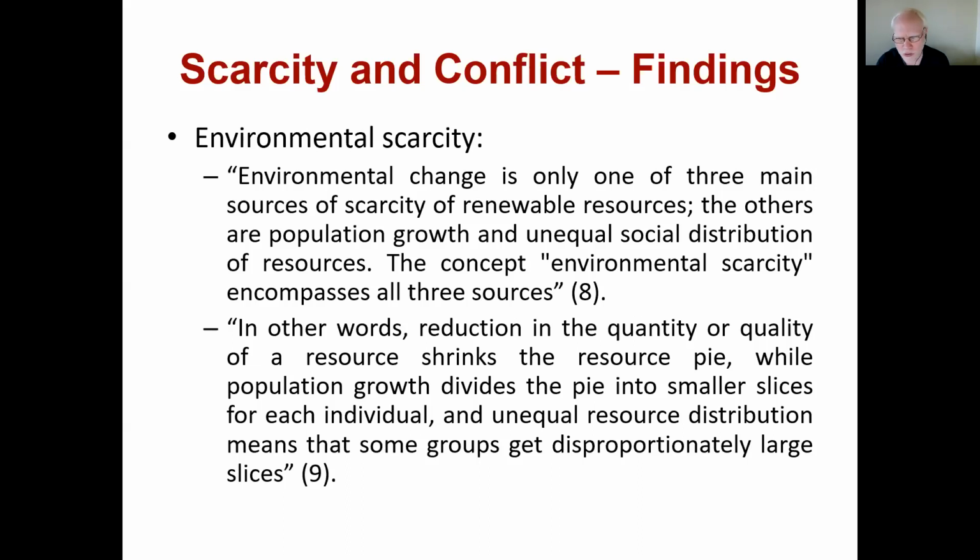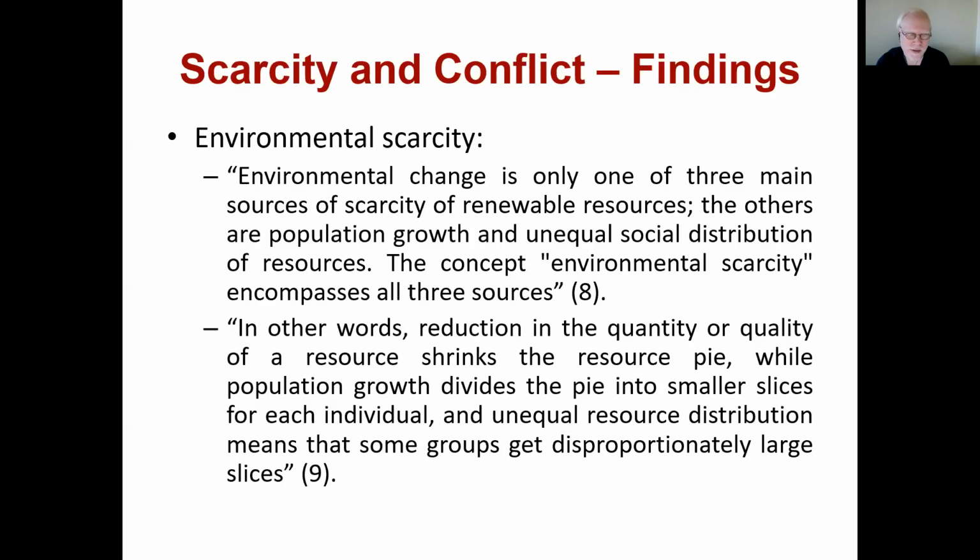And unequal resource distribution means that some groups get disproportionately large slices. So as income inequality, wealth inequality, and resource inequality continue to grow, not only do you have a smaller and smaller pie shared by more and more people, but some people have a disproportionate and growing access to that pie.